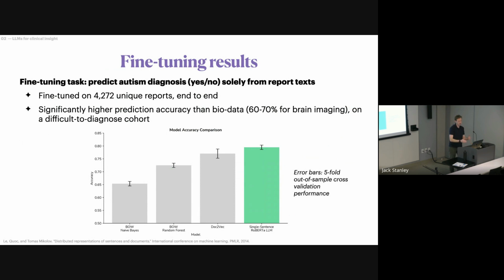So this is significantly better than, for example, results from brain imaging, which get around 60 to 70% accuracy. And these brain imaging results are typically on neurotypicals versus children with autism, and we're working with a much more difficult to diagnose cohort here. So these are quite good results and show that our model is actually learning some interesting diagnostic relevant information here.